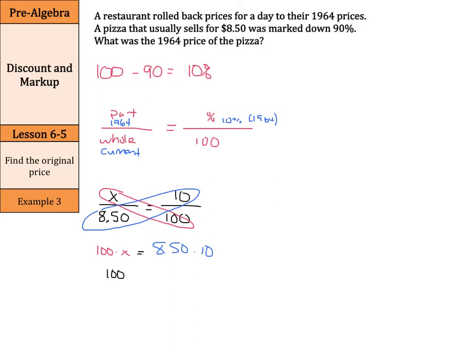So 100X equals 85. I can finish this question by solving for X, dividing by 100 on both sides, and X is going to equal 0.85, or just 85 cents. Not bad for a slice of pizza, let alone a whole pizza.